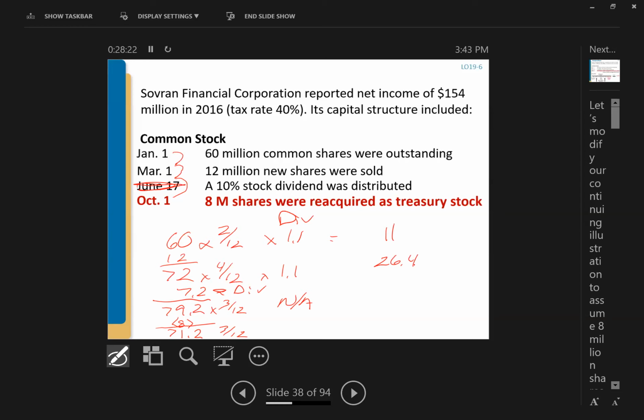And then we have the 79.2 times 3 divided by 12, which gives us 19.8. And then 71.2 times 3 divided by 12 gives us 17.8. And so we just add all these up: 19.8 plus 26.4 plus 11. We get the weighted average now of 75.